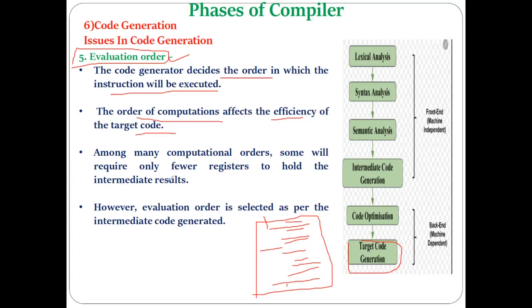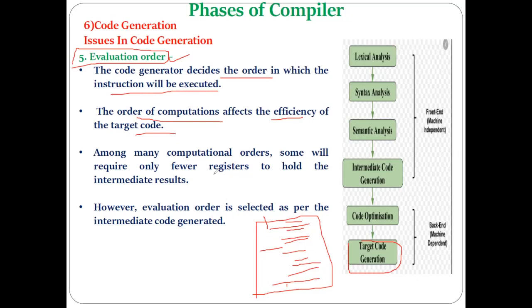There may be different computation orders or evaluation orders possible. If you use one evaluation order, you may not get the result faster, but if you use another evaluation order, you may get the result faster.